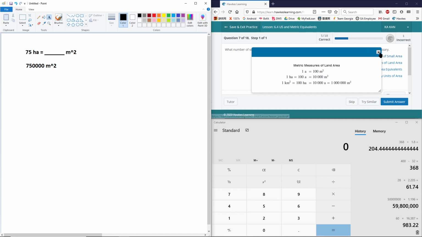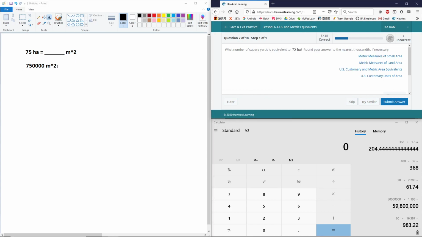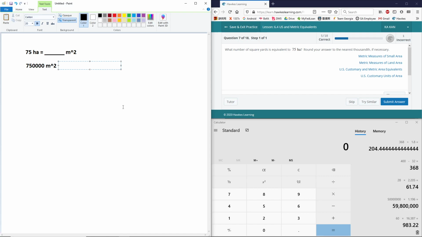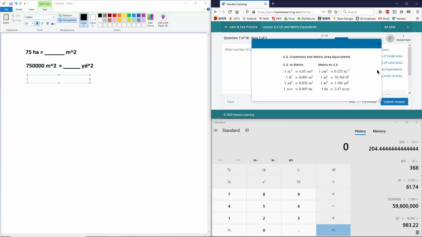The question is, what is this equal to? We have to change that to square yards. Like this. And that's when you go into this thing. And look at 1 meter is 1.196 yard, right?